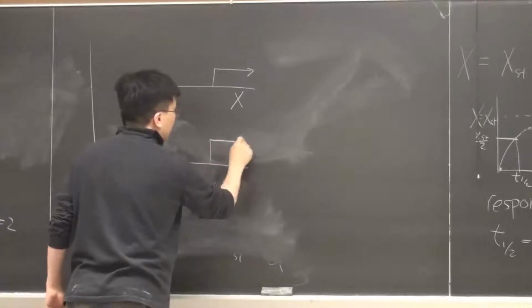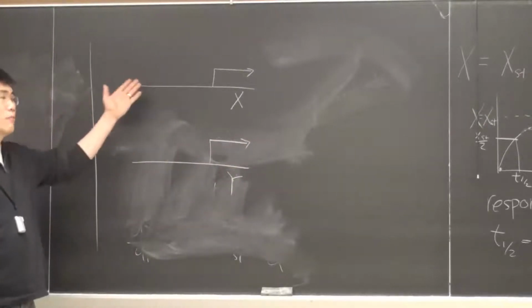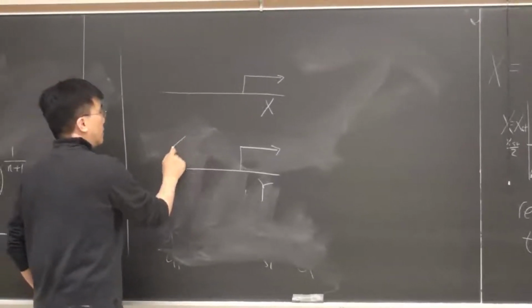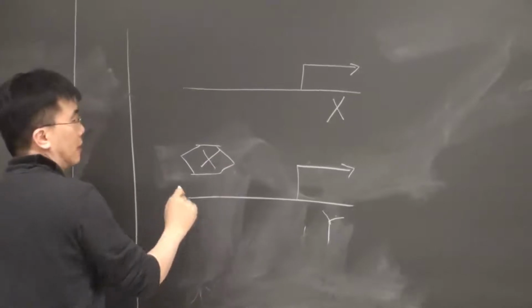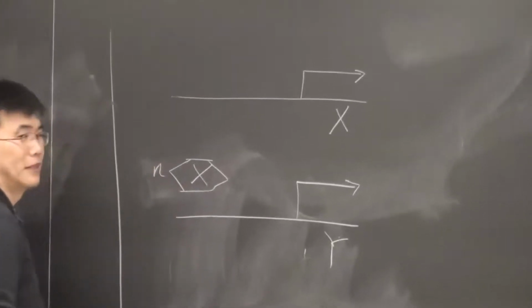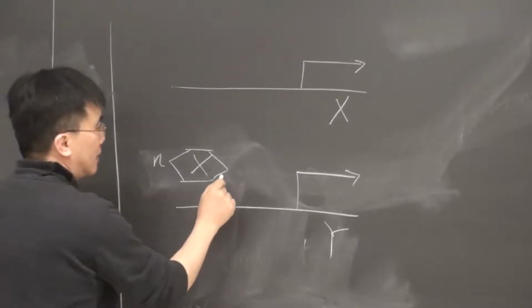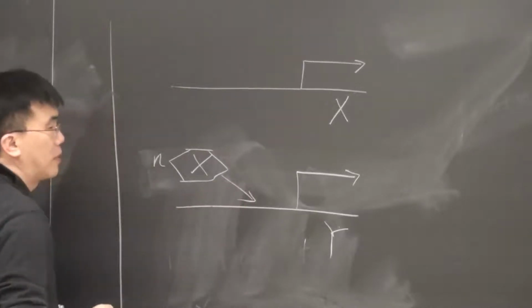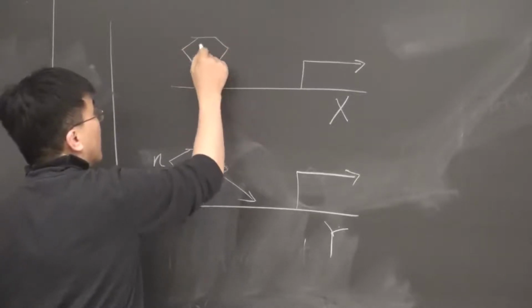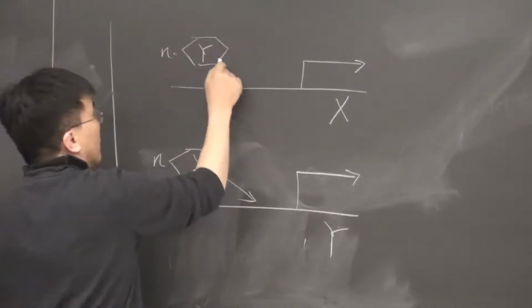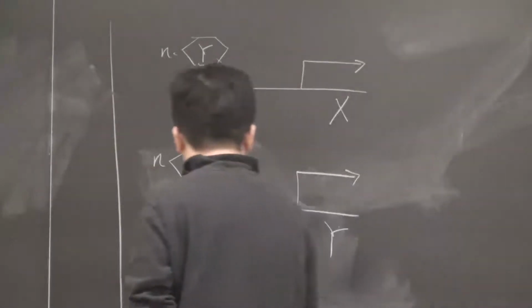You have x and y, and x is repressing y. The protein, n copies, then binds to repress y, but y is also binding here to repress x.